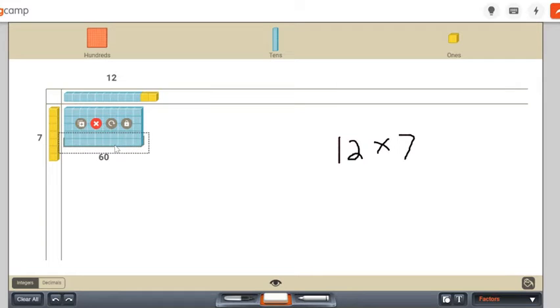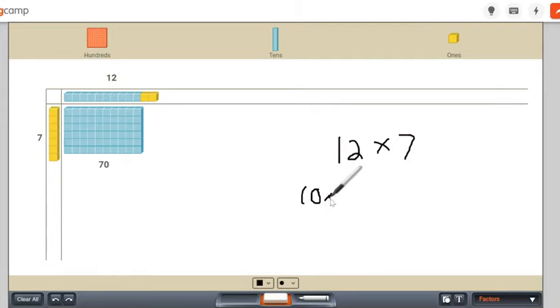What's good about watching how we do this is now the kids can see that I just did 10 times 7, right? So here's the 10 times 7, and I got 70. So now what I need to do is fill in the rest of this piece right here.